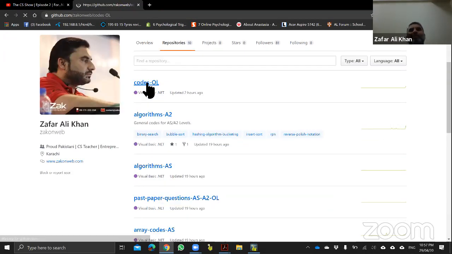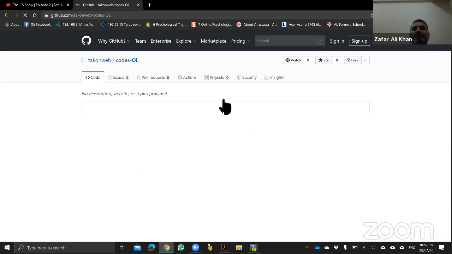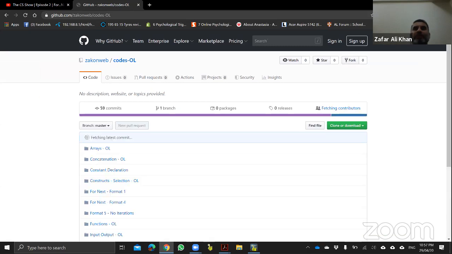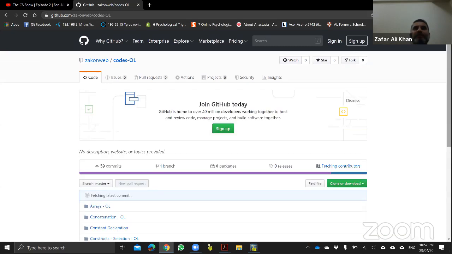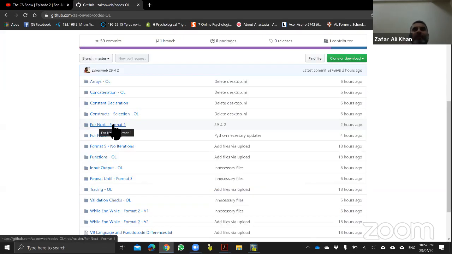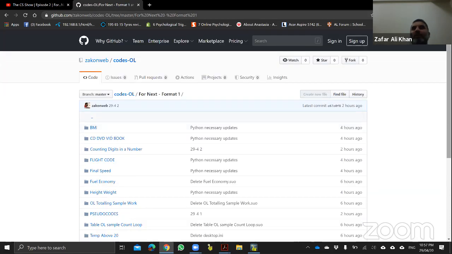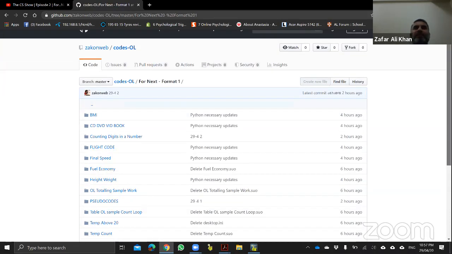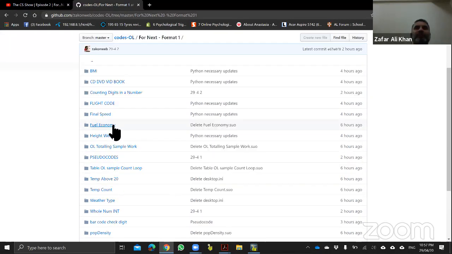In O level codes, you will find for next format 1. I call format 1 the simple for next. So simple for next questions are all uploaded in this folder. If you click this, here is the question that we were discussing. Fuel economy.